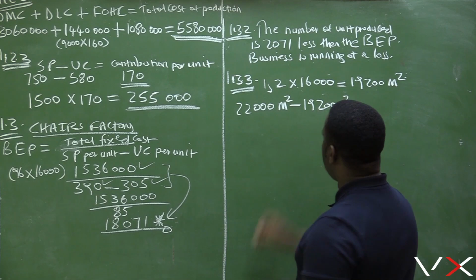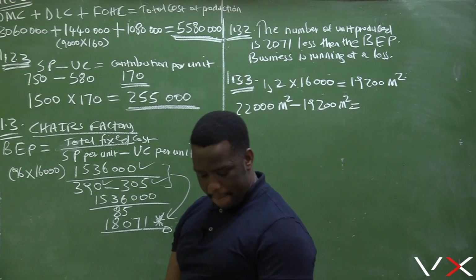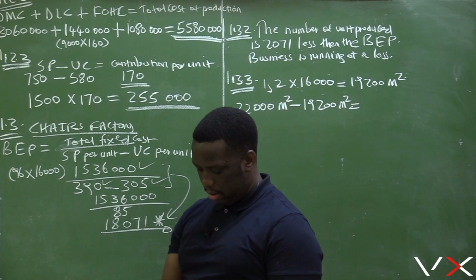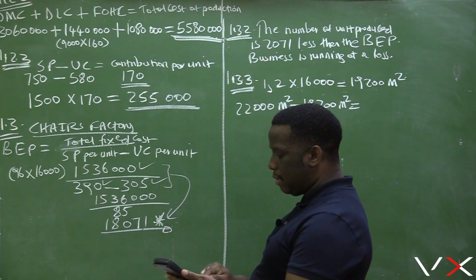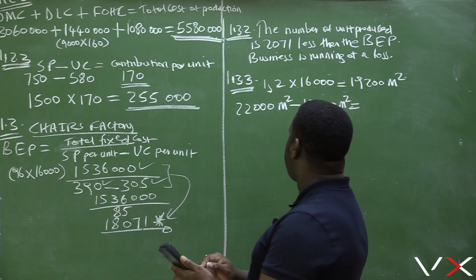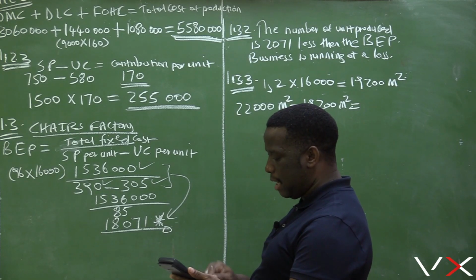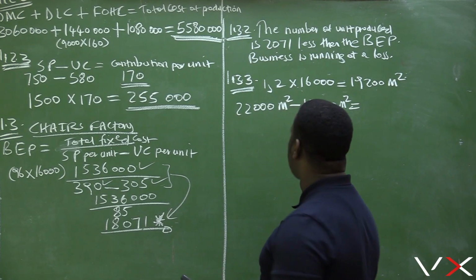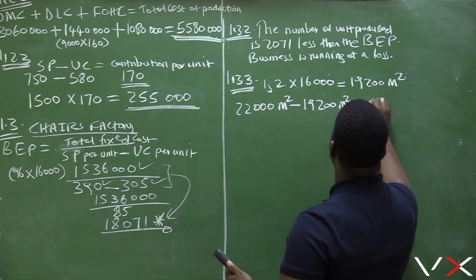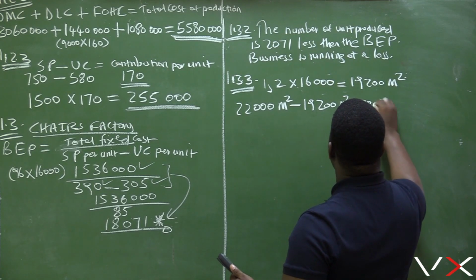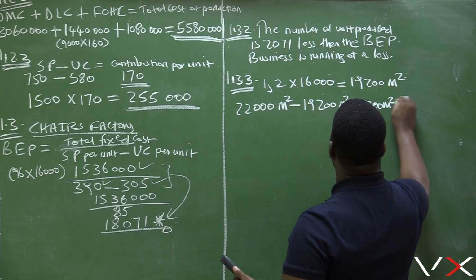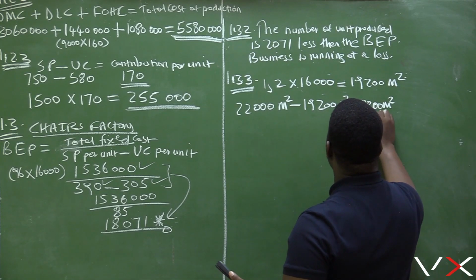We can see that there is wood that has been wasted. 22,000 minus 19,200. There is 2,800 square meters wasted.